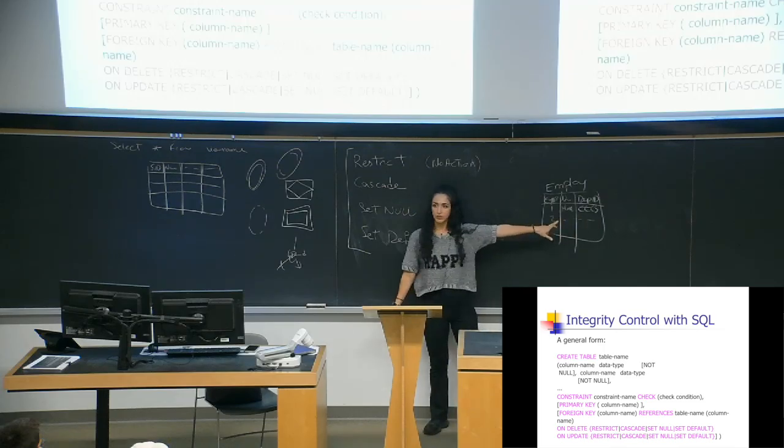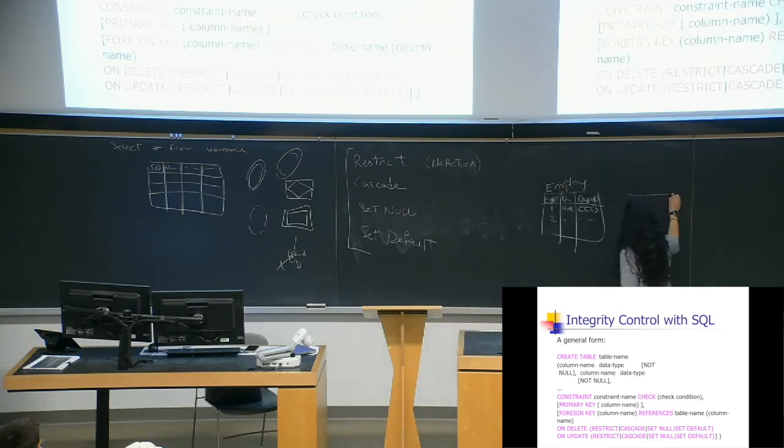So this is your foreign key, referencing this table, department ID, ECS.